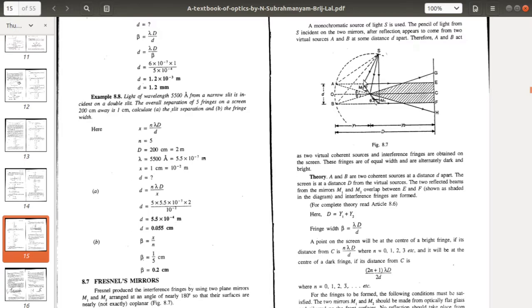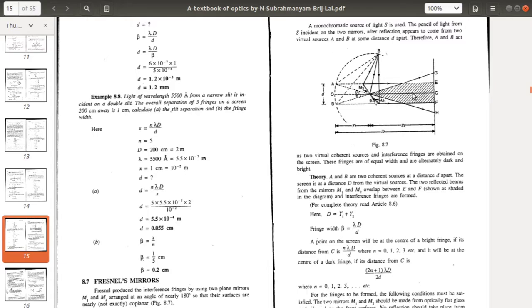From the first mirror it was this region and this region, and from the second mirror it was this region and this region. So the common region is E and F, shaded with this line. This region will be the region of superposition of light waves reflected from mirrors M1 and M2.